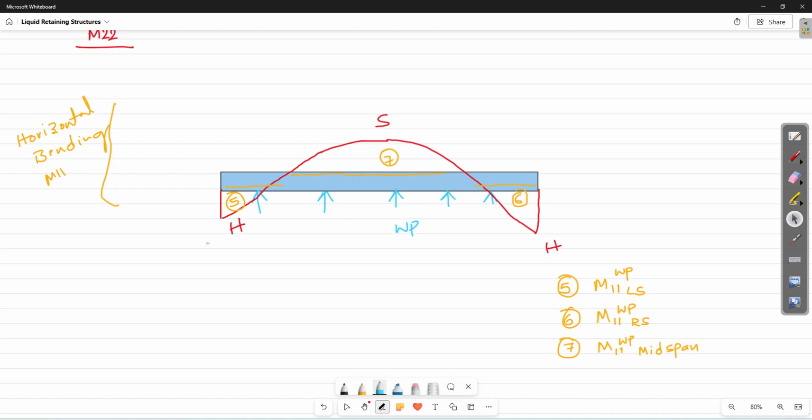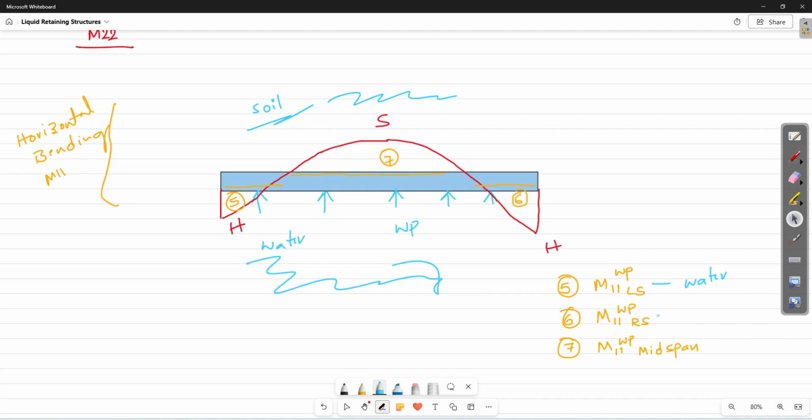So inside you have water. So this is water phase, and here you have soil. Outside you have soil. So M11, it will be provided on which phase? Water pressure left side. It will be provided on water phase. On which phase reinforcement it is provided?